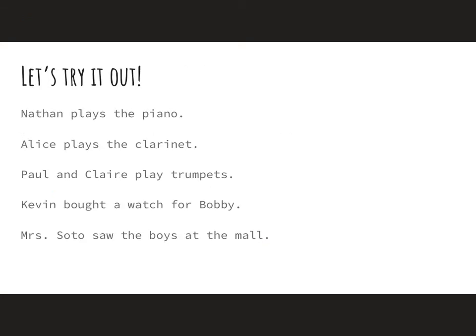Okay, so let's try it out. First sentence: Nathan plays the piano. Let's underline the nouns. Nathan, piano. Let's look for the subject of the sentence. Our subject is Nathan. Is Nathan plural or singular? It's singular. So using our chart, we would use he.